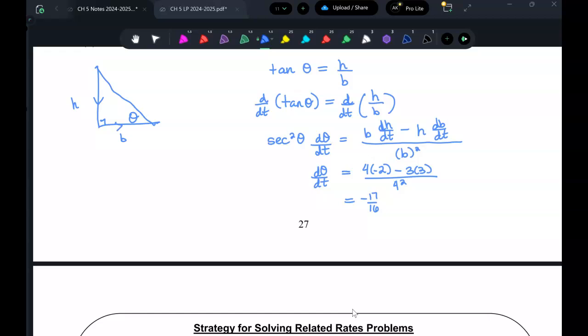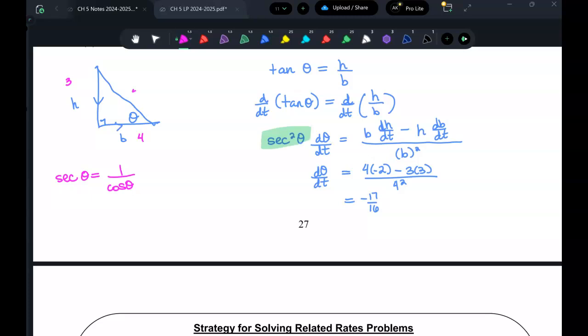Okay, now secant, let's look at this. Secant of theta would be 1 over cosine theta, right? Well, what was h? 3? And this was 4? Okay. And this was 5.